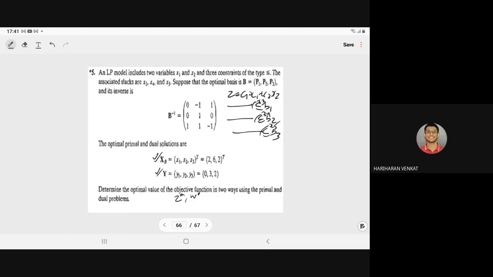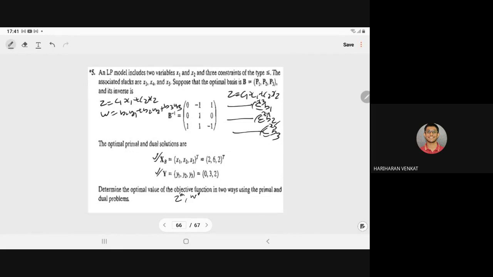So z is equal to what? You know that z is equal to c1 x1 plus c2 x2 and w is equal to b1 y1 plus b2 y2 plus b3 y3.